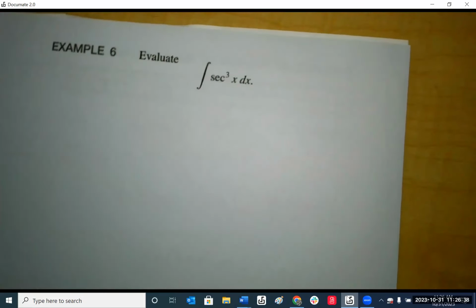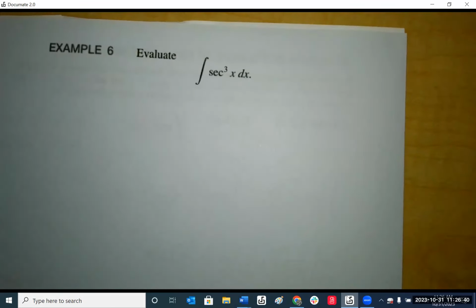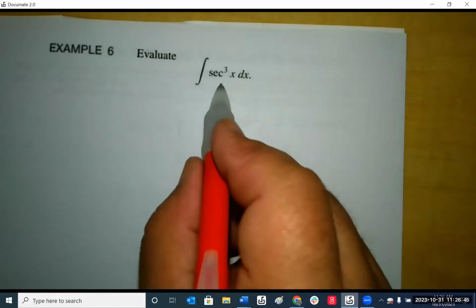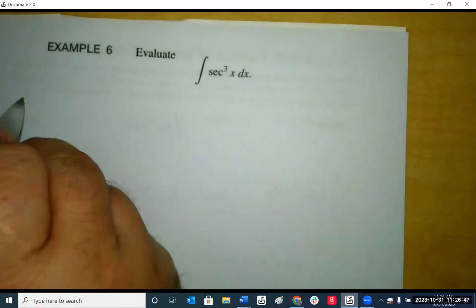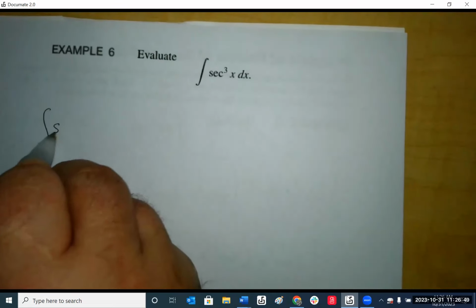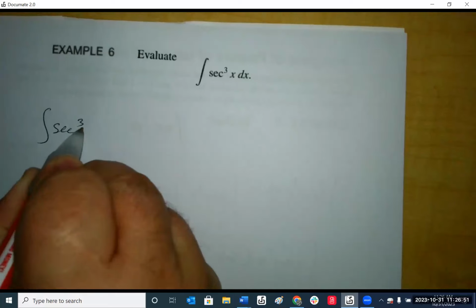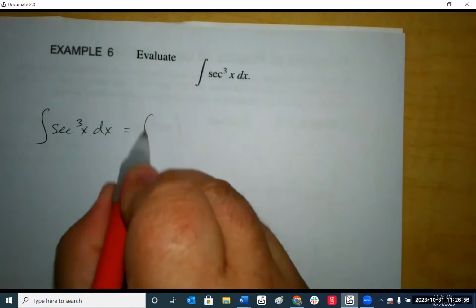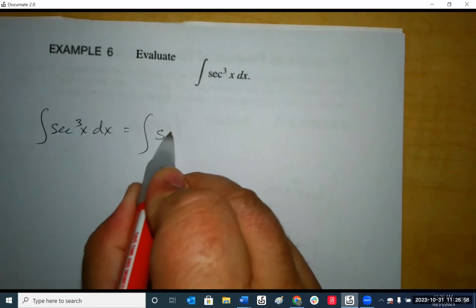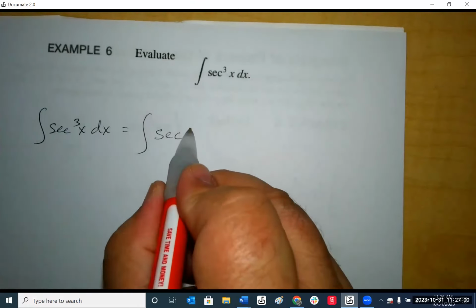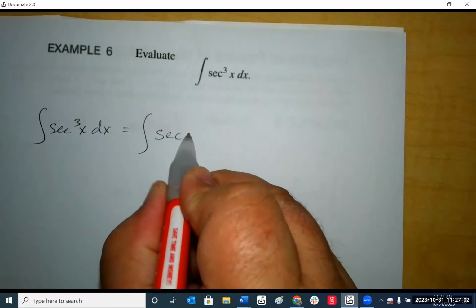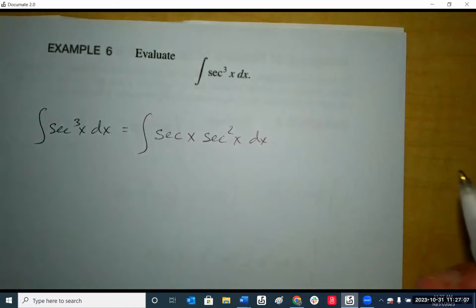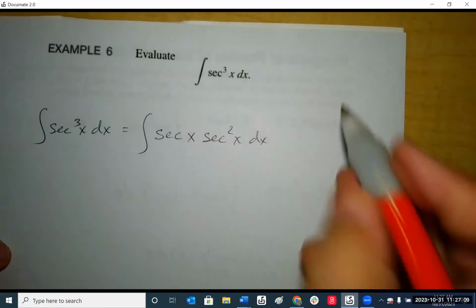Example 6. Here we can do it by parts because remember we have an odd exponent. So we can rewrite secant cubed x as secant x times secant squared x. Now we can do it by parts.